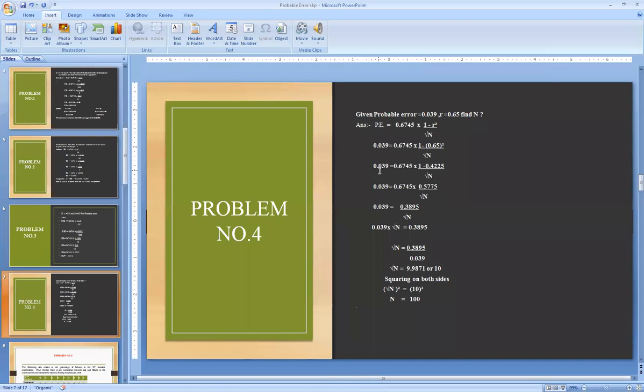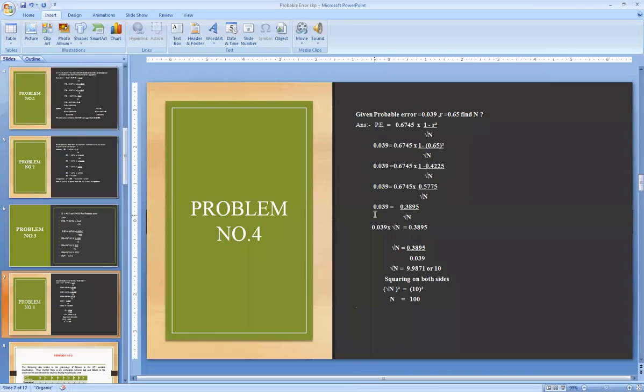Next step, 0.039 equals 0.6745 into 1 minus, when you multiply 0.65 two times, you will get the value 0.4225, divided by root n, again retaining root n as it is. Then the next step, 0.039 equals 0.6745 into, after deducting 1 minus 0.4225, we get the value 0.5775 divided by root n.